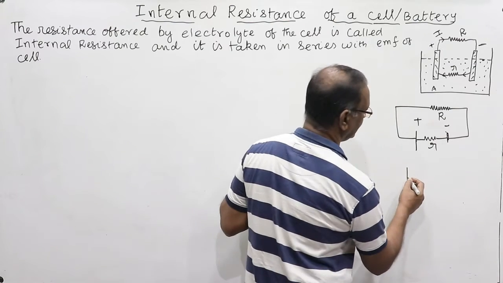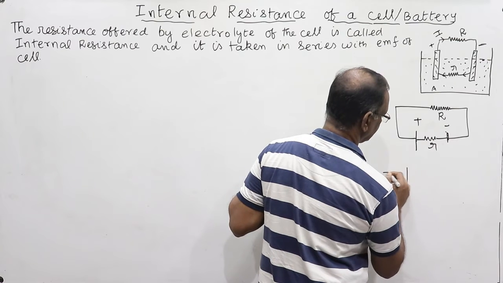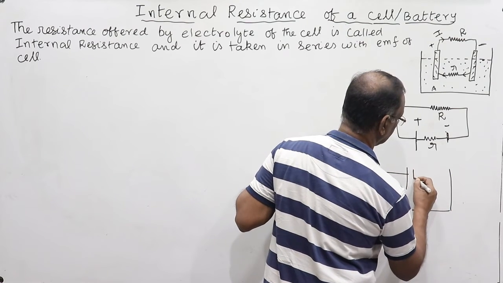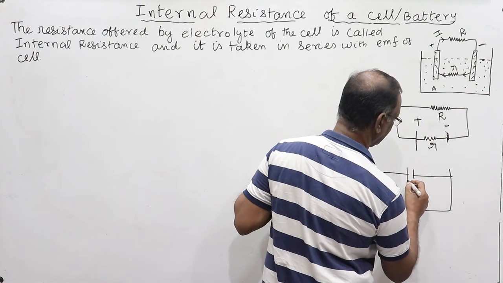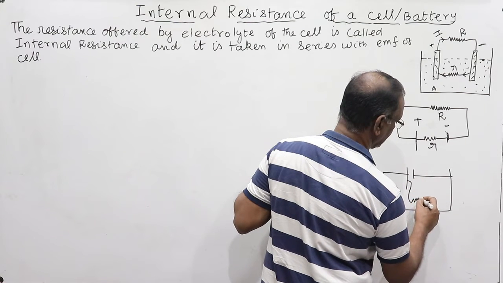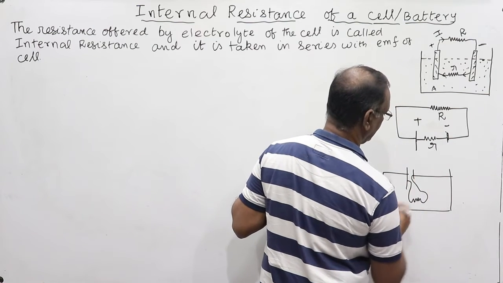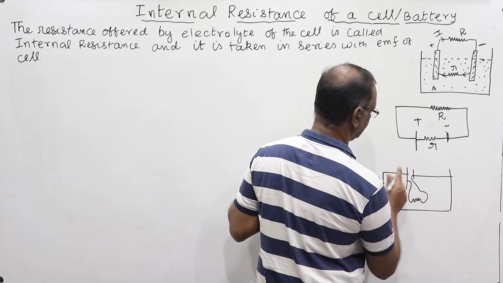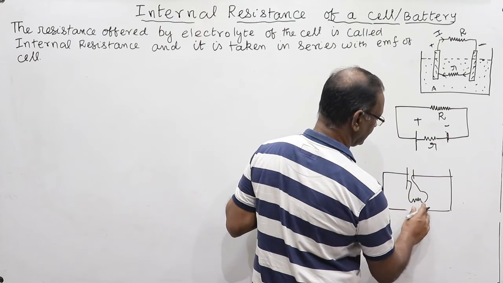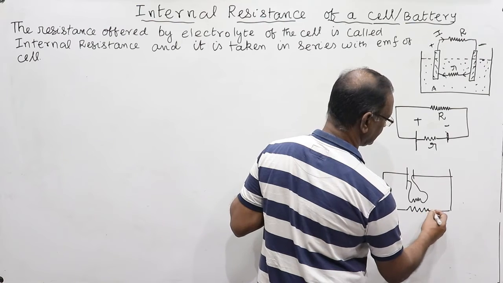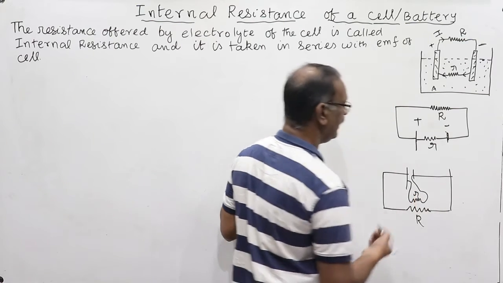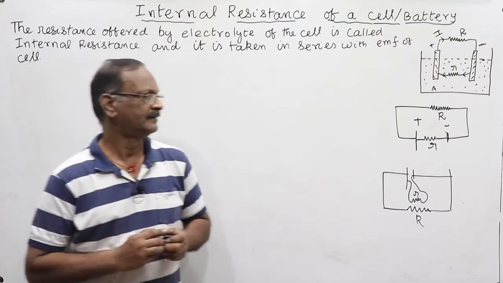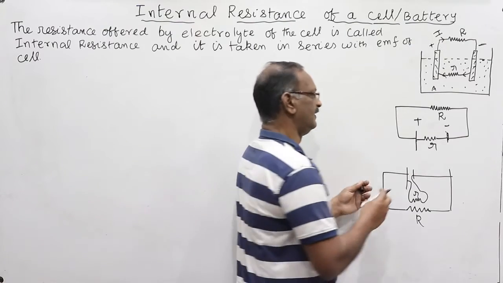This is a battery and this is a cell, and inside the cell there is an internal resistance. Then the external resistance is connected through the external circuit.